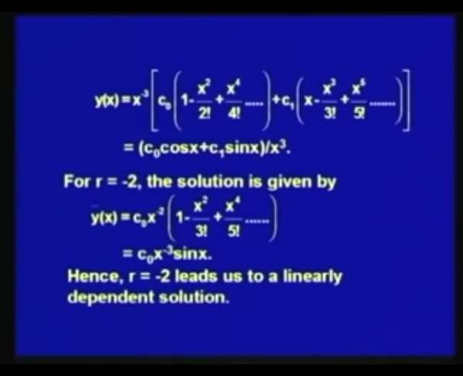And this clearly shows that r equal to minus 2 leads us to a linearly dependent solution. This is not independent of the solution for r equal to minus 3, and thus the initial root r equal to minus 3 gives us the complete solution of the given differential equation.